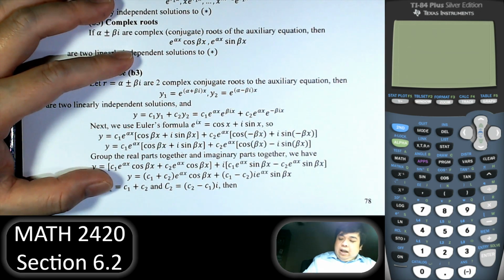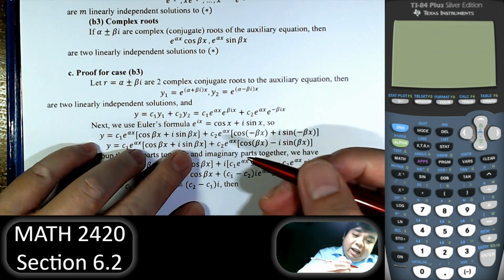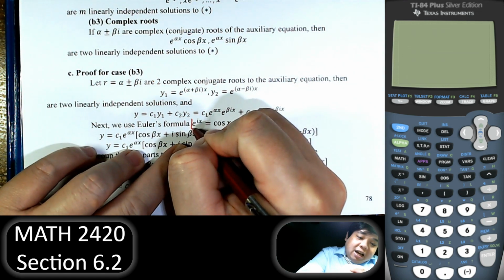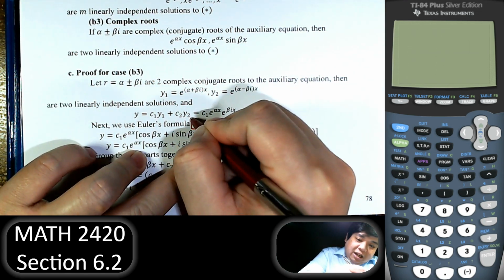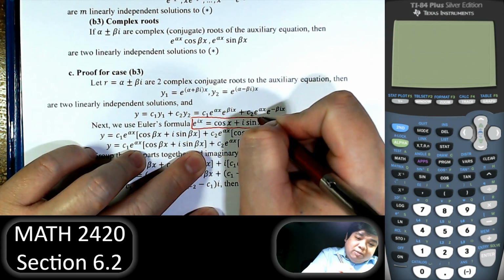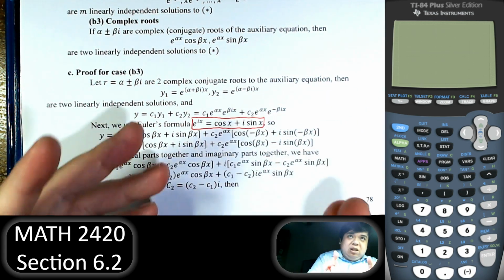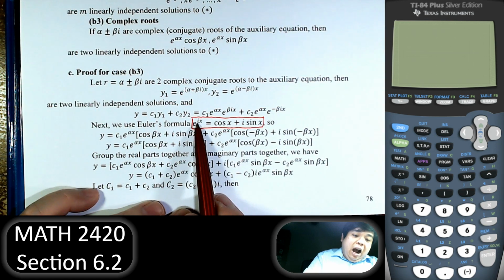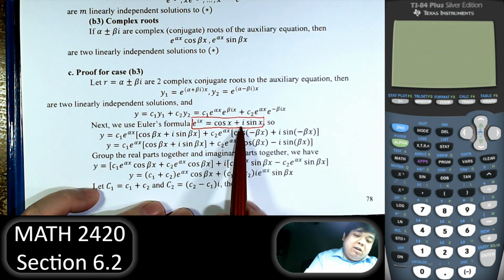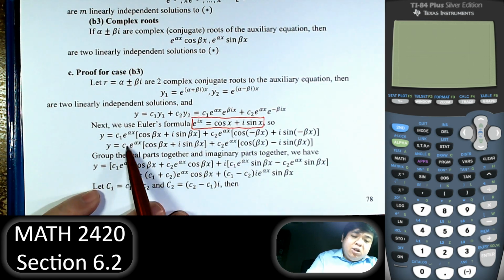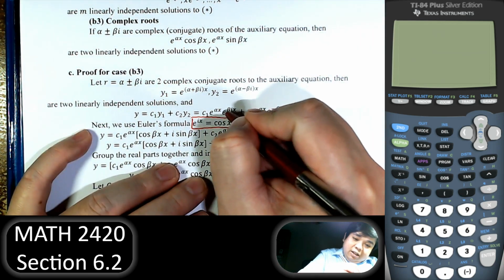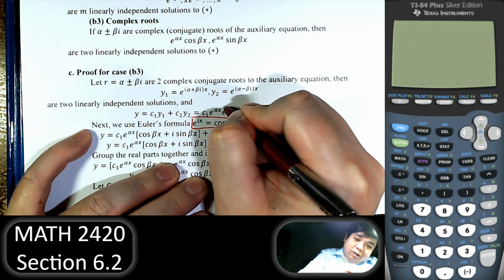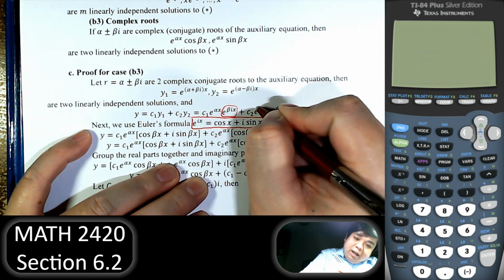Now what we don't particularly have is the Euler formula, one of the more common ones, because we haven't learned it yet, but this identity: e to the ix is equal to cosine of x plus i sine x. So we bring in the real part and the imaginary part. We use that formula for this term and for this term.